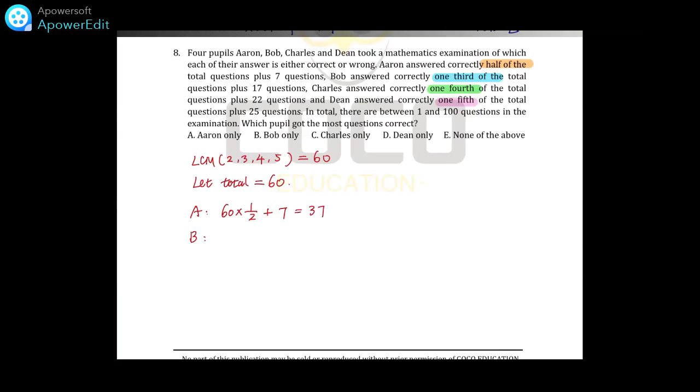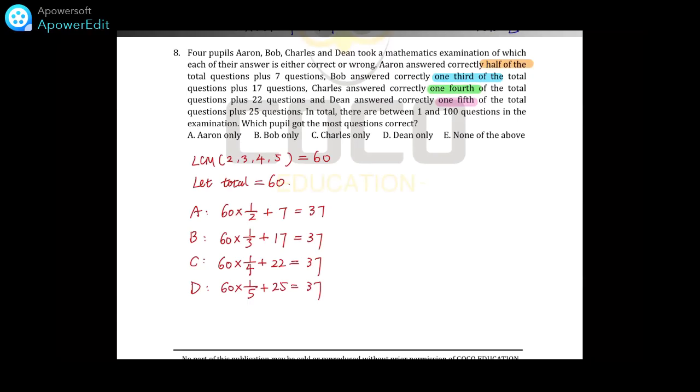For Bob, this is 1/3, so 60 times 1/3 plus another 17 questions equals 37. Charles answered 1/4 correct, so 60 times 1/4 plus another 22 questions also equals 37. Now for Dean, this is 60 times 1/5 plus another 25 questions equals 37.